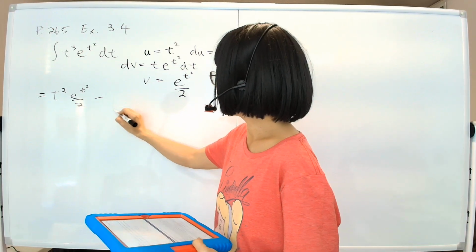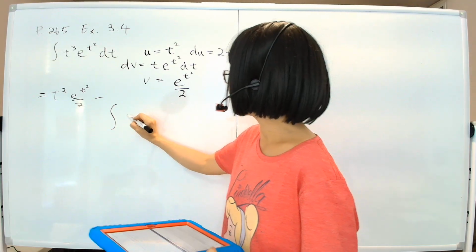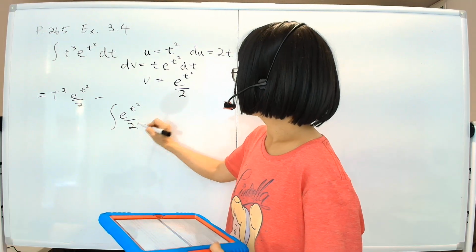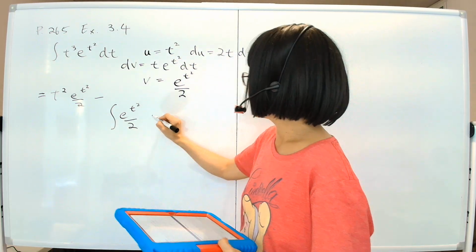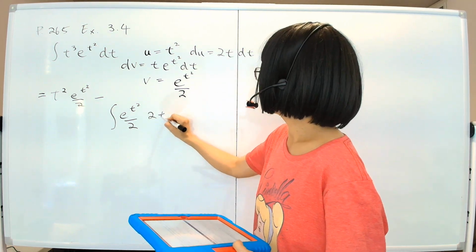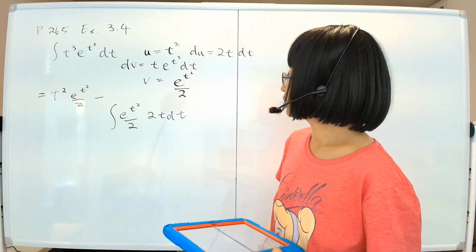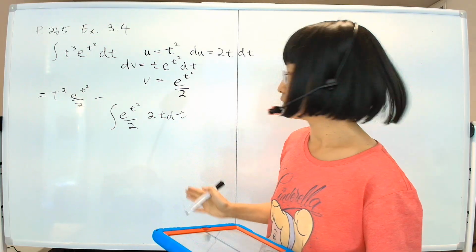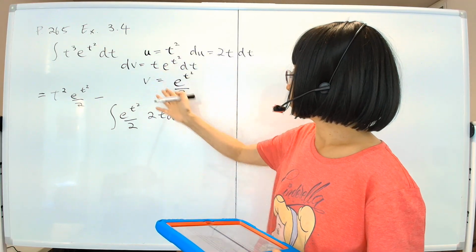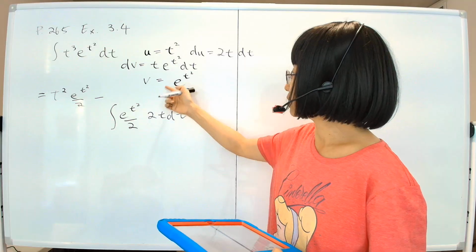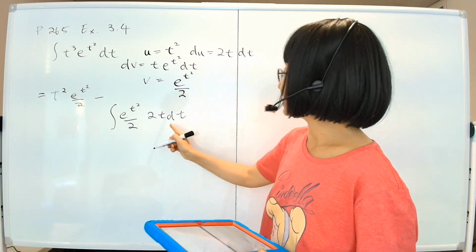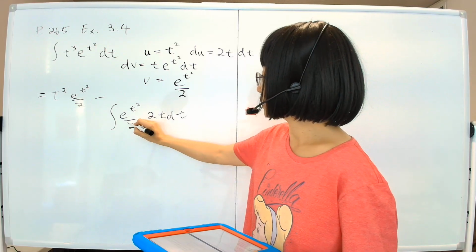So minus, I'll write it a little bit lower because I'm running out of space, v, which is e to the t squared over 2, and du is 2t dt. Well, I guess it didn't work out the way I imagined, but it's going to work out. In this case, we're going to luck out, and so the 2's cancel here.